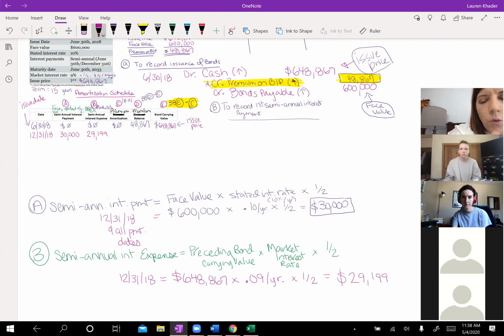It's the opposite of what happens with a bond issued at a discount. A bond issued at a discount, you're showing more expense than you're actually paying out in interest. The premium amortization is the difference between these two amounts, positive number always.